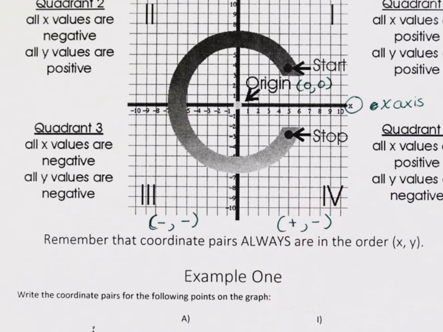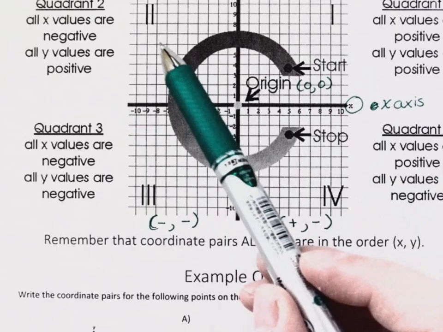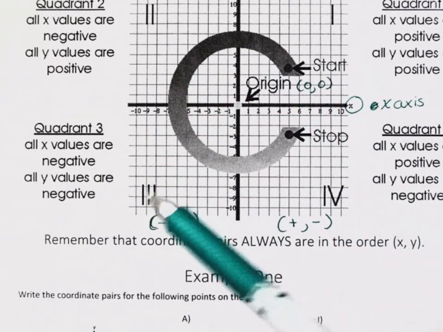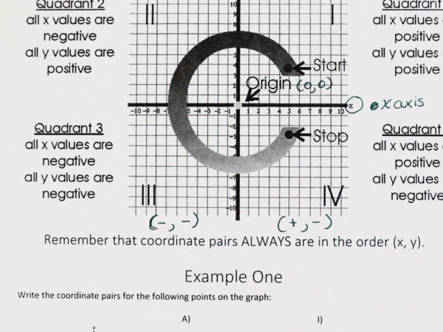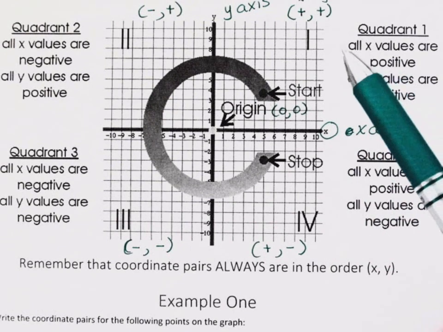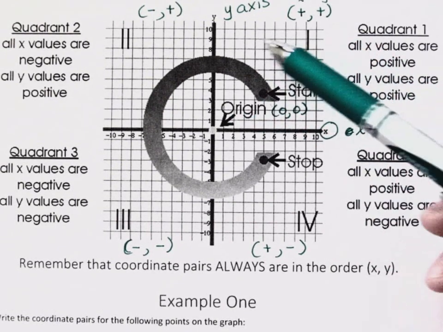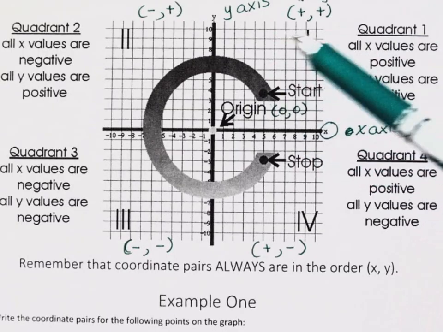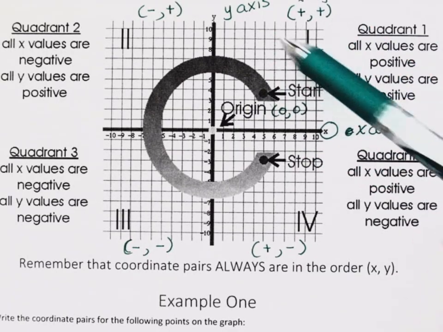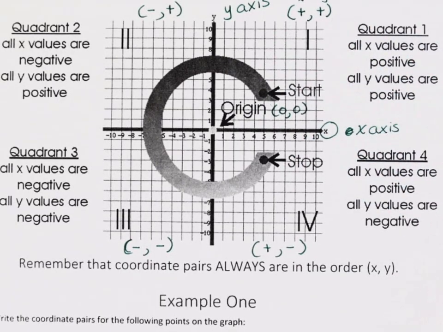It seems a little weird. We read left to right, so why isn't this 1, 2, 3, 4? The reason, I think, though I don't know this 100%, is that we start in quadrant 1 because both x and y are positive. It's the one that we function in a lot of the time, especially when dealing with real life quantities. We're not going to have negative time or negative distance.